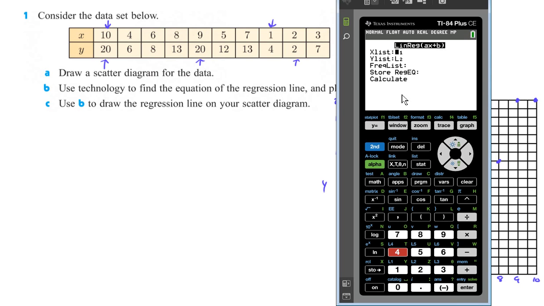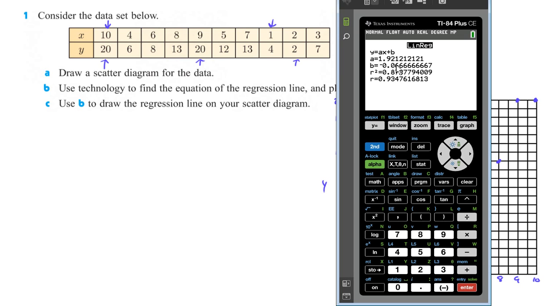All right, so X list is list 1, Y list is list 2. Frequency list has to be cleared out if there's anything in there because we don't have frequency on this. Enter, enter, enter. And our regression line gives us, it says Y equals AX plus B. And it says A is 1.92 and the B is negative 0.0667.